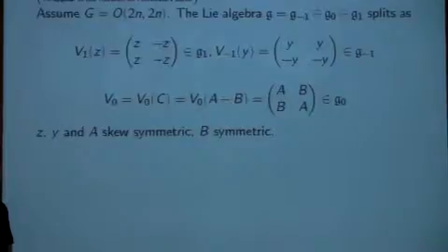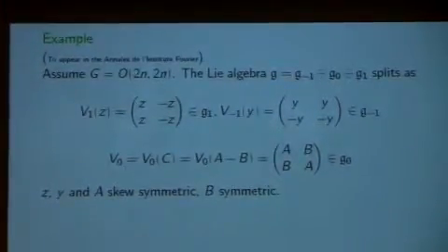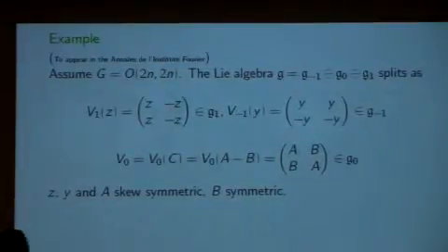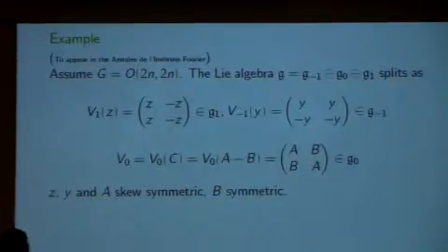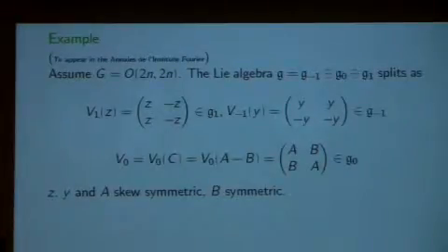This is the example I'm going to be using. It's maybe a little complicated to follow, but it shows a lot of the problems that you find when you do this stuff. This is the case of G equals SO(2n) to n, so it's pure spinors in 2n dimensions. This is going to appear in the Annales de l'Institut de Fourier, or however you pronounce that. I don't know French.